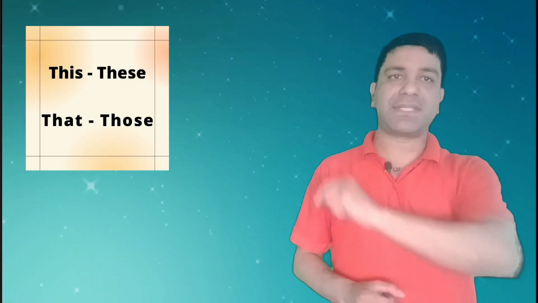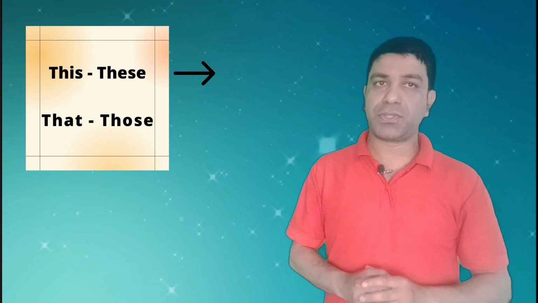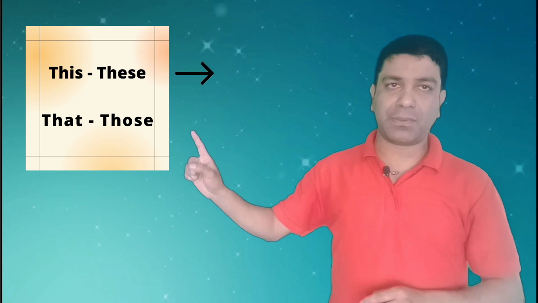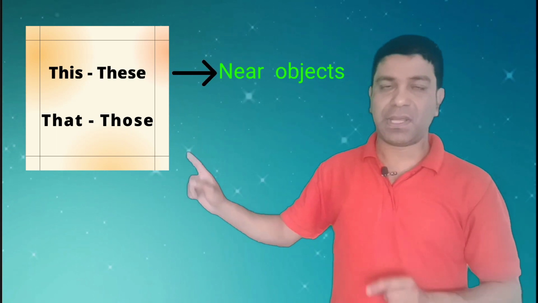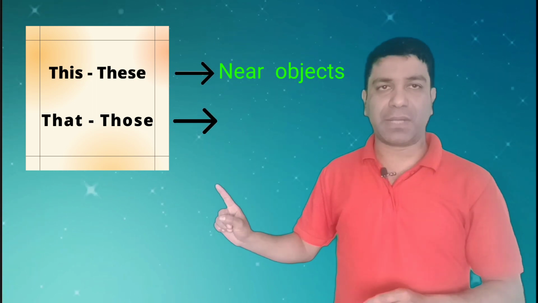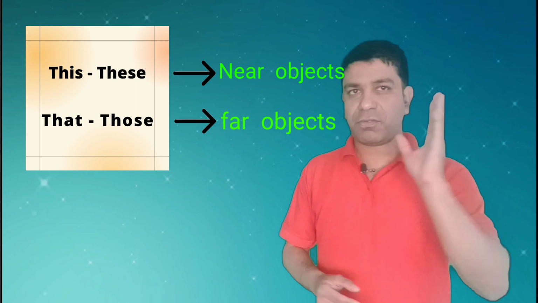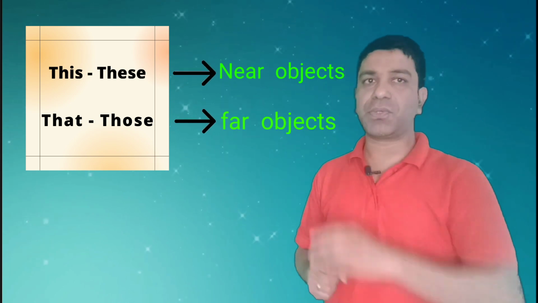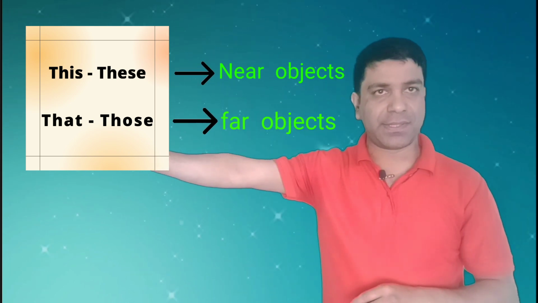The plural of this is these and the plural of that is those. These is used to talk about the plural nouns that are near to us and those is used to talk about the plural nouns that are far from us. Far in the sense you cannot reach it even if you stretch your hand.